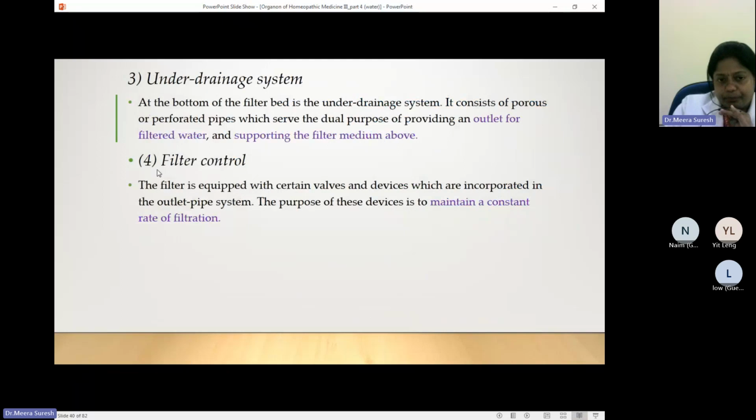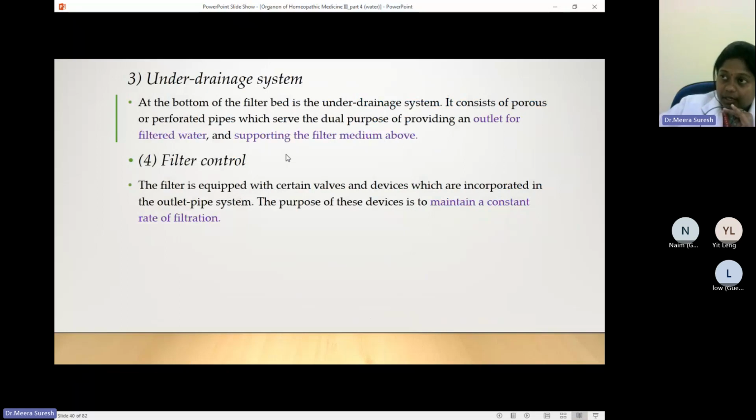Then the underdrainage system has two purposes. One is to carry the water outside, an outlet for the filtered water, and another is acting as a support for the layers over it, the supernatant water, the sand bed, and the gravel.